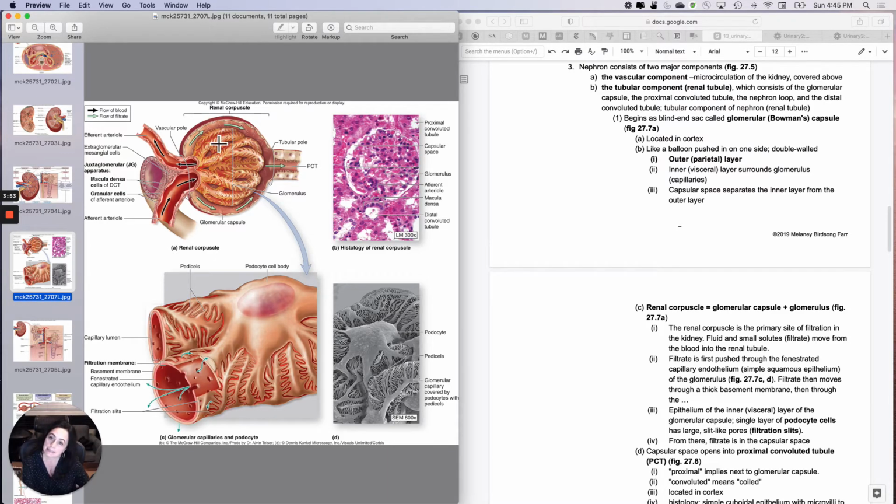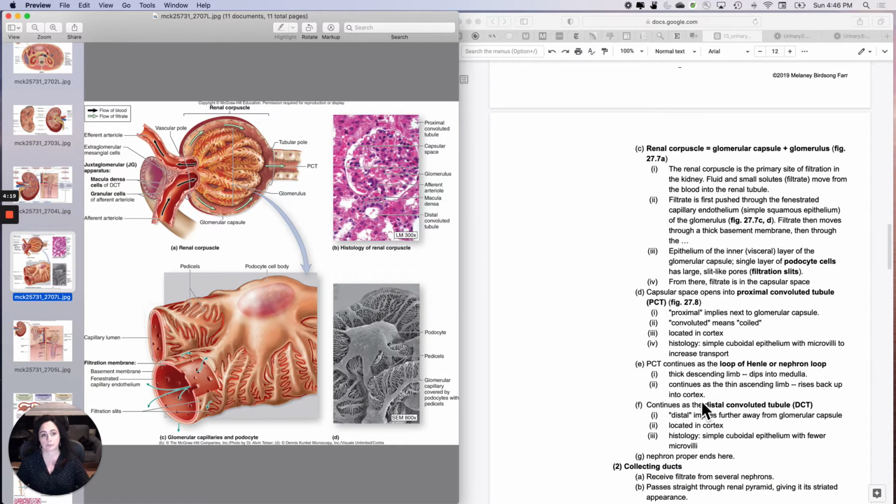Then between the cells that form the visceral layer of the glomerular capsule, there are little filtration slits. These cells are called podocyte cells, podo as in feet, and they have little slits between them. So, the podocyte cells with the filtration slits. Collectively, this place, both that pushes the stuff out and that catches it, is called the renal corpuscle.